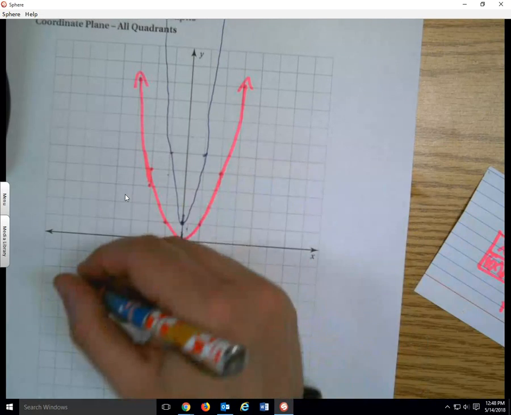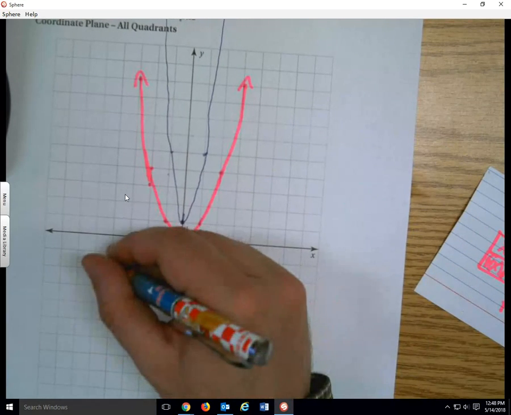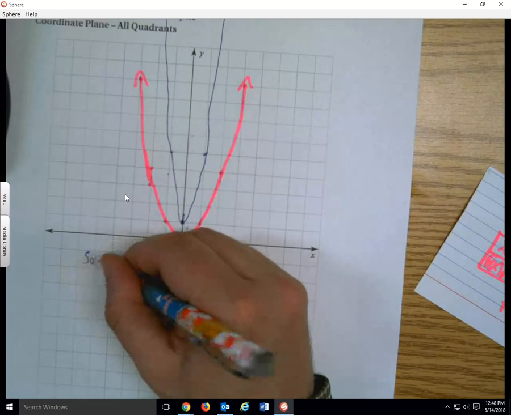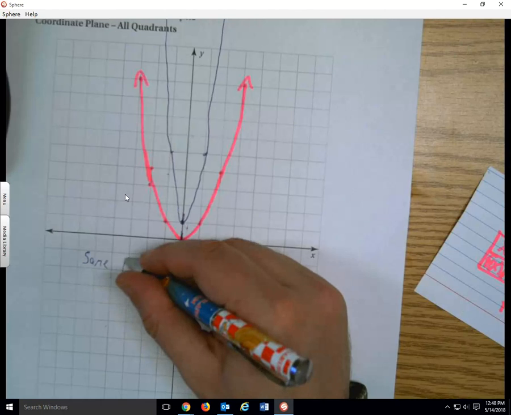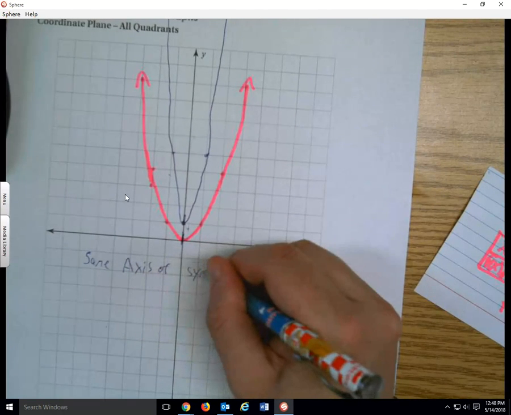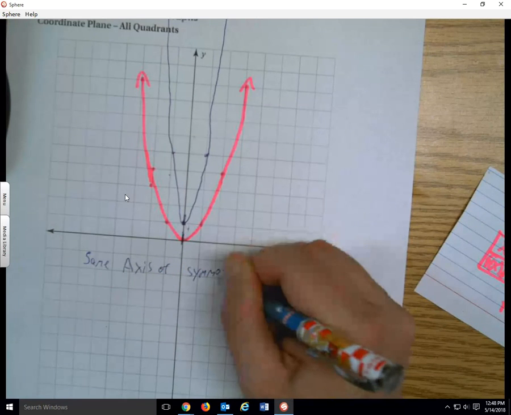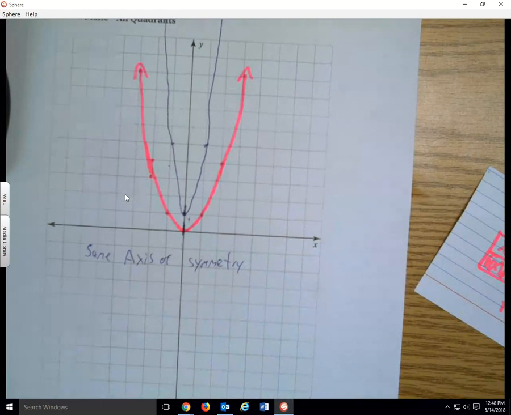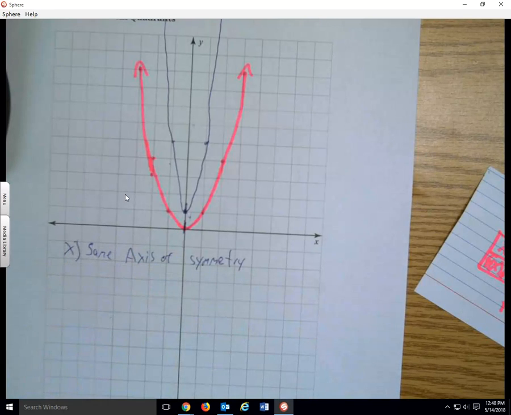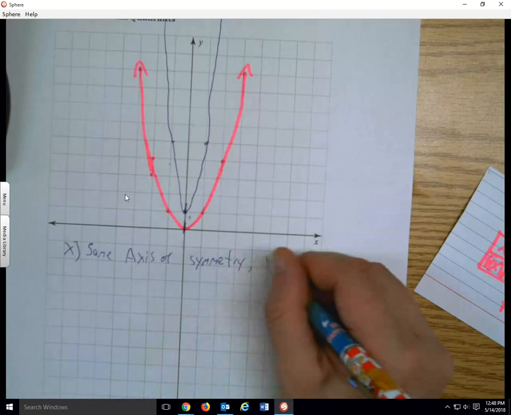They have the same axis of symmetry, which is x equals 0. So I would say same axis of symmetry. How else can we compare them? What else can we say about them? Which I'm going to put on there too, that it's x equals 0.